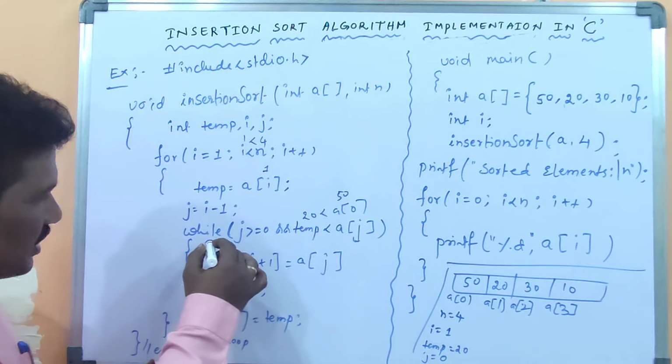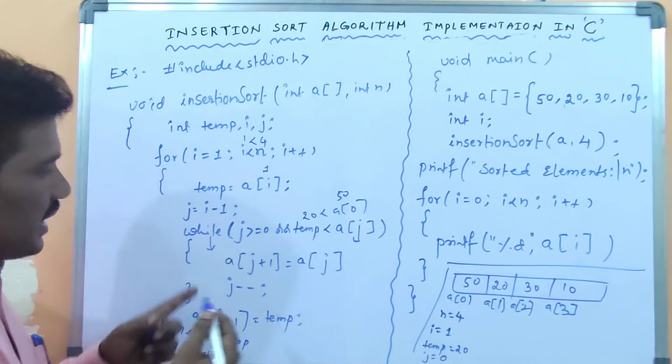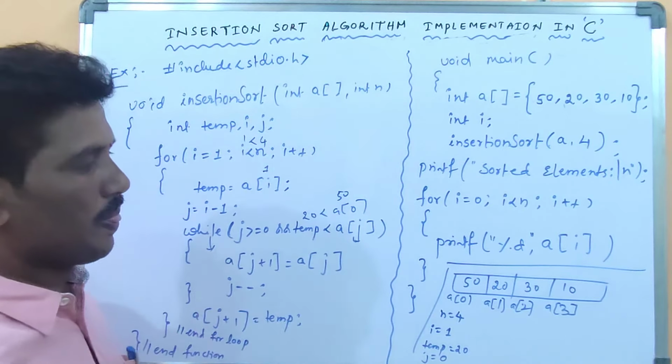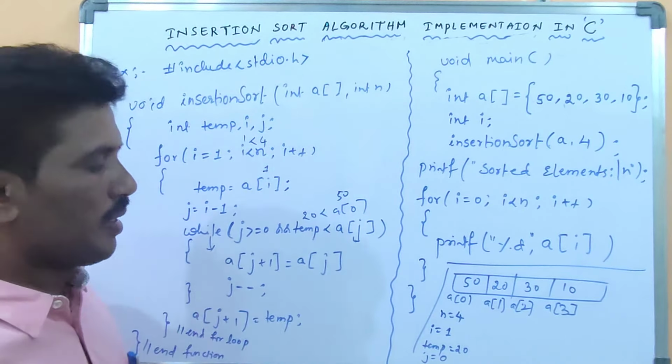Then it comes to here, A of j plus 1. What is A of j plus 1? A of j, because the j value is 0, so A of 1. Then A of 1 equals A of 0 value.